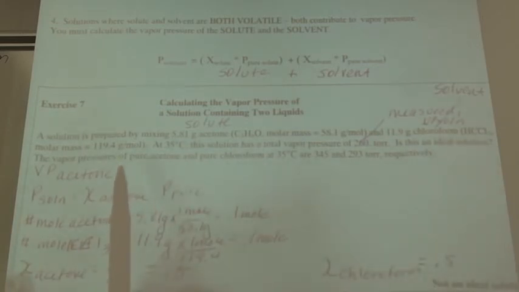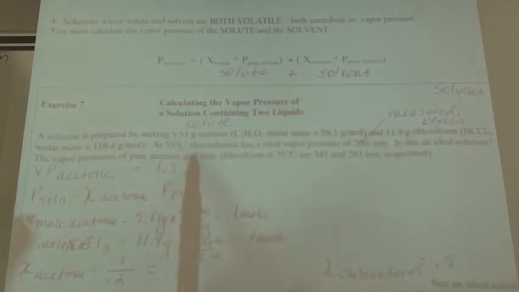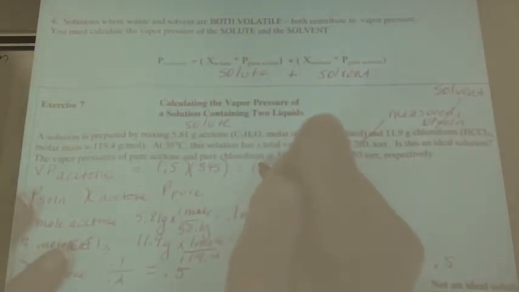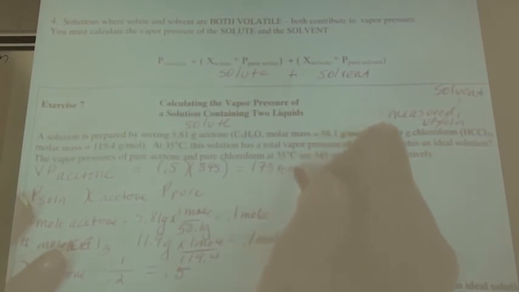All right, so my vapor pressure of the acetone is equal to its mole fraction, 0.5, times its pure vapor pressure, which is 345. And that's 172.5, so we'll call it 173 torr.